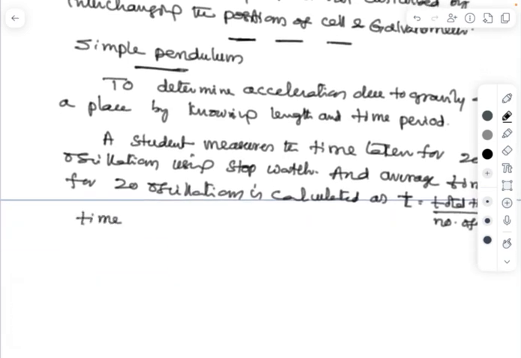Now the time period capital T equals t by 20 seconds.